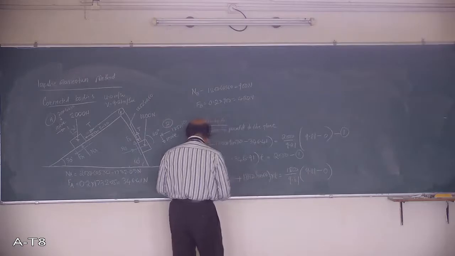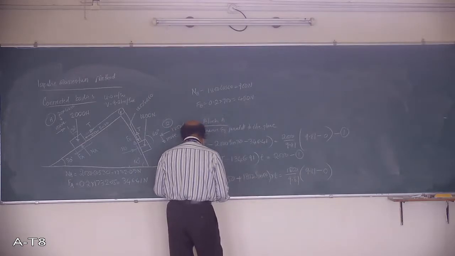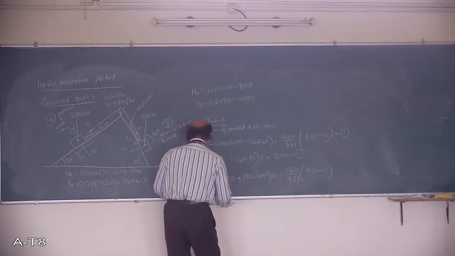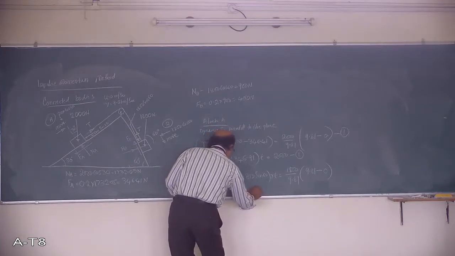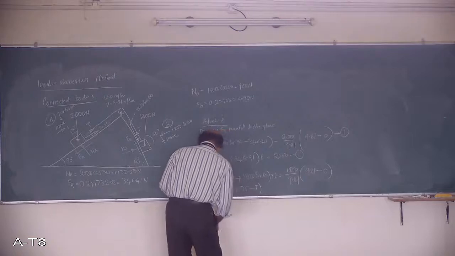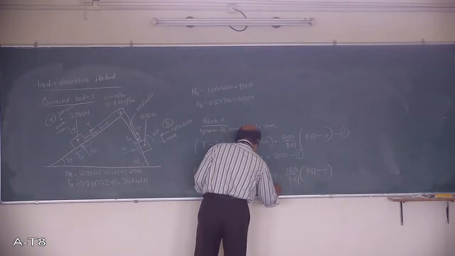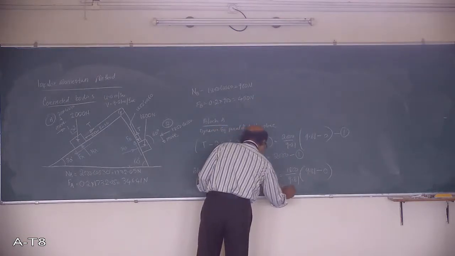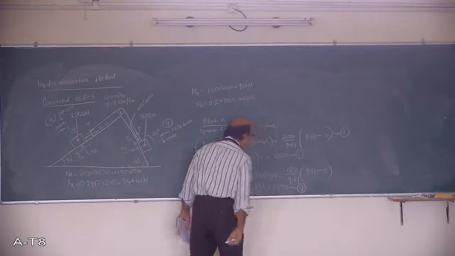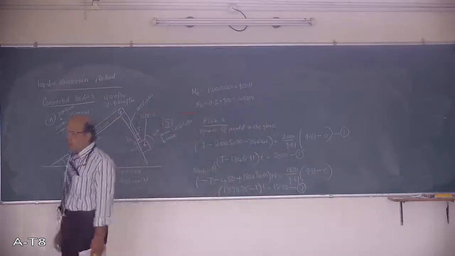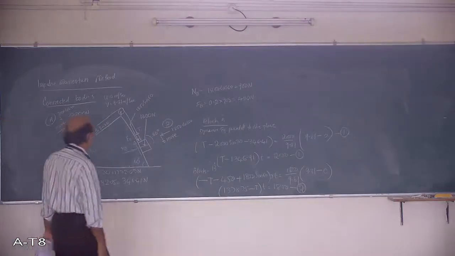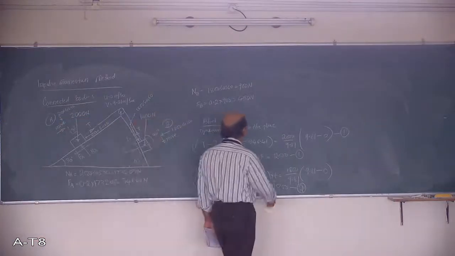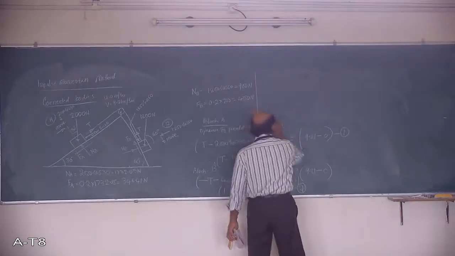Simplify it, you will get the second equation as 1378.75 minus T into t is equal to 1800 Newton, equation number 2. You got two equations, 1 and 2. There are two unknowns, so you can easily solve. I will write in this form here.